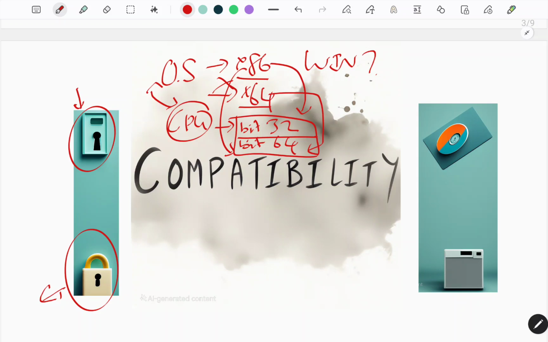To not let us get confused, the OS, the operating system, should only run on hardware that is compatible. One example is compatibility with the CPU. Okay? Clear? Are you with me?